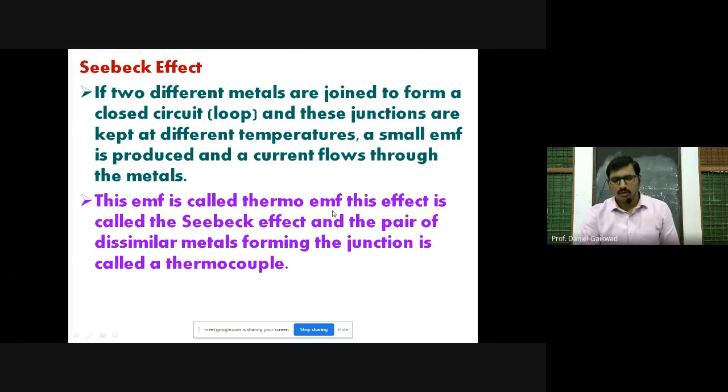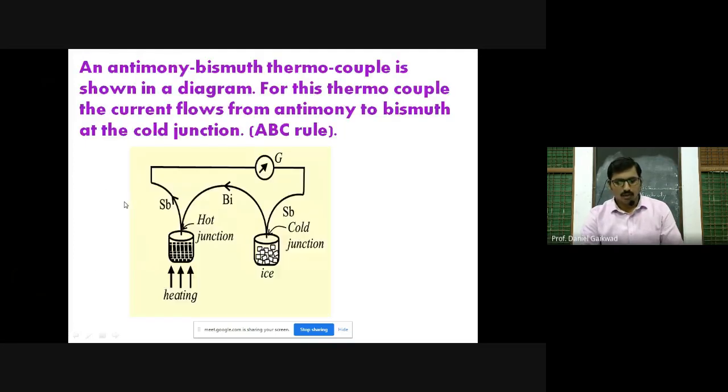This EMF is called thermo-EMF. This effect is called the Seebeck effect, and the pair of dissimilar metals forming the junction is called a thermocouple. So we have an example of the antimony-bismuth thermocouple as shown in the diagram. So see carefully.